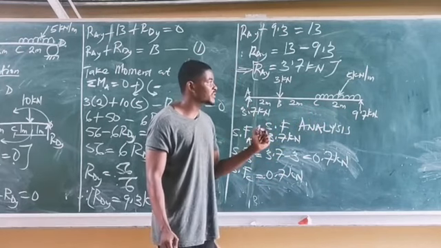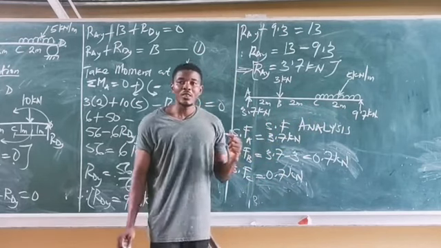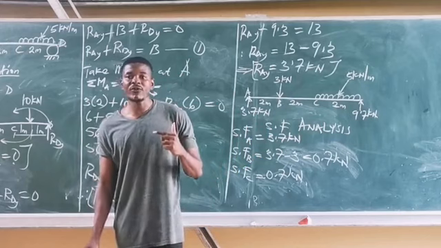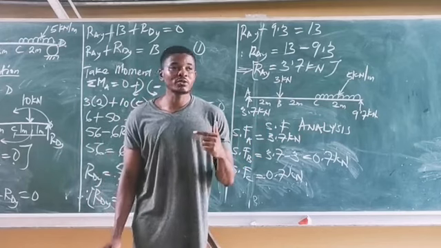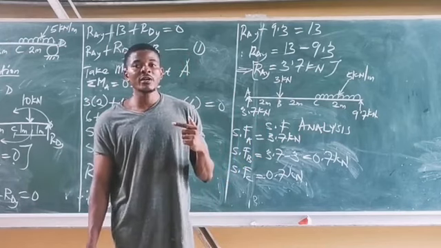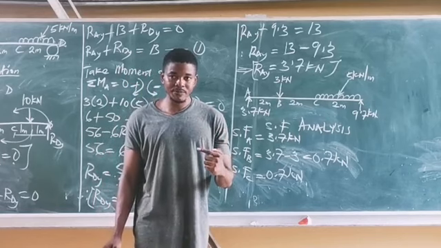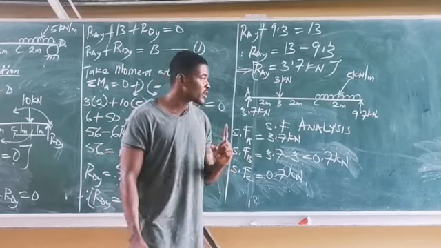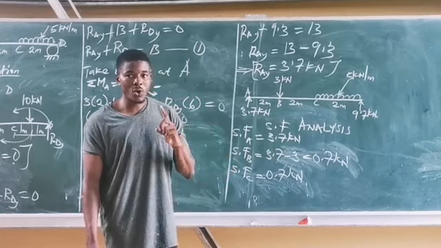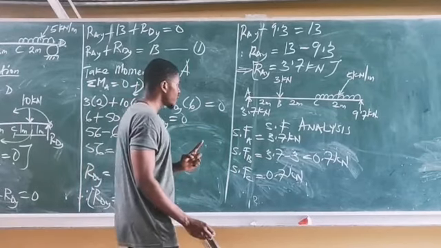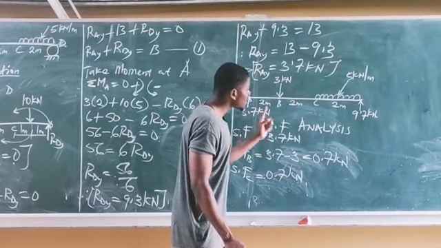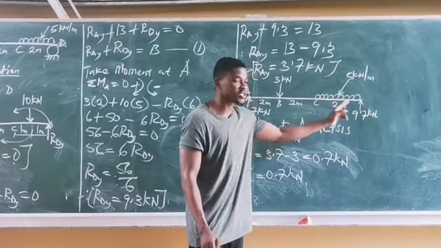But between point C and point D, notice that we have a uniformly distributed load. So there is a need to form what we call the shear force equation. To do this, you take a section. Consider a section from point A somewhere along CD.